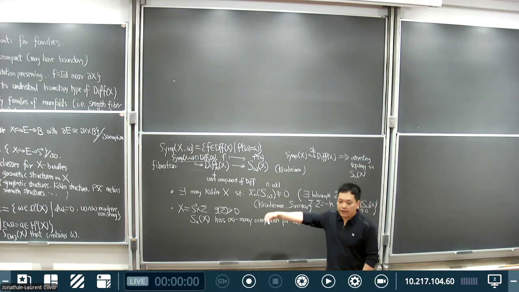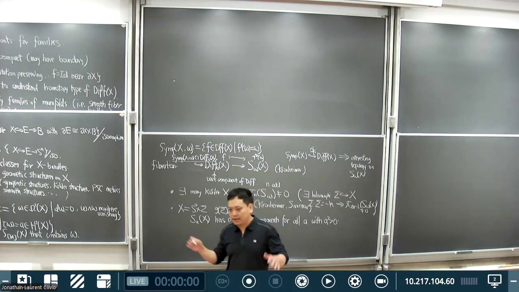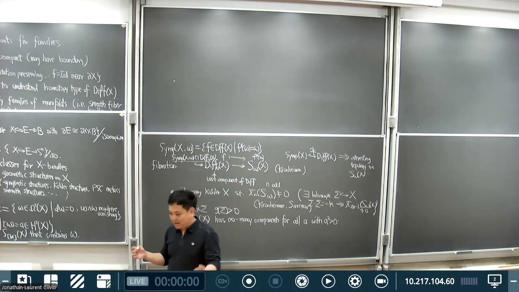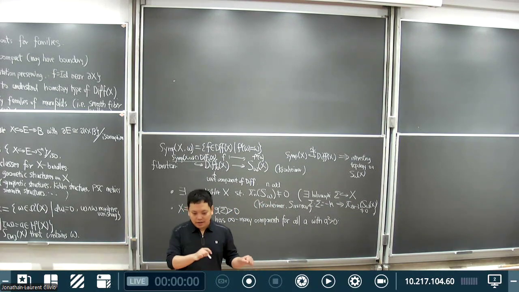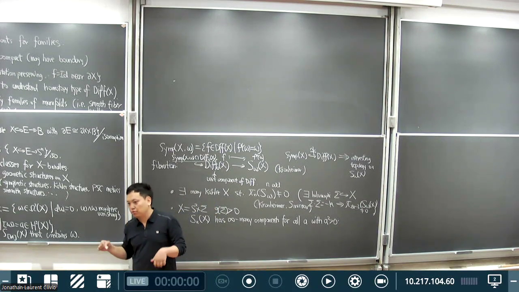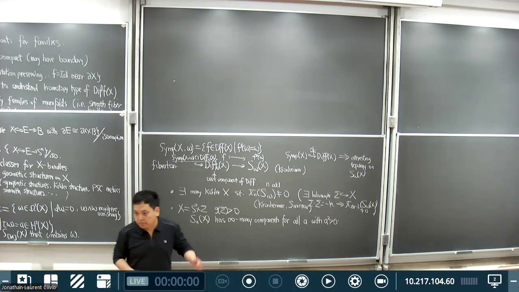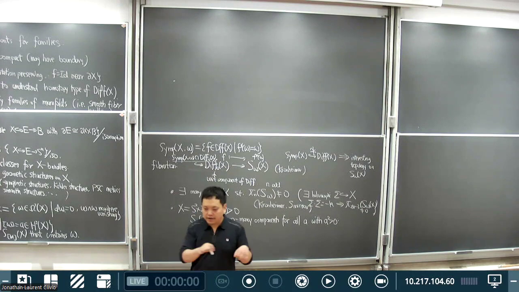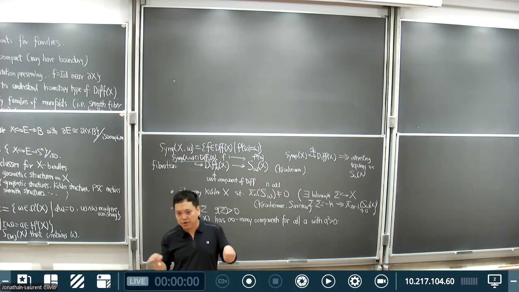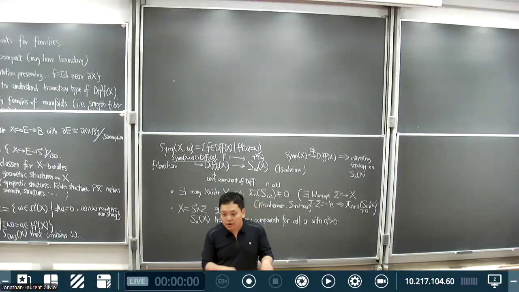One natural question is, we fix a homology class and try to classify symplectic structures in this homology class up to isotopy. This space having infinitely many components means there are infinitely many symplectic structures which are homologous to each other but not isotopic.